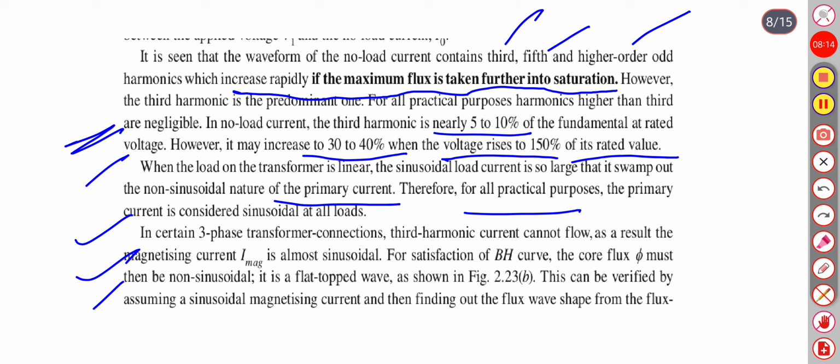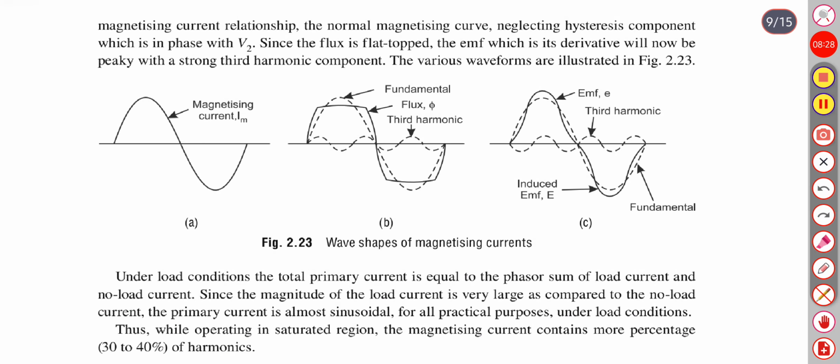It is a flat-topped wave. This can be verified by assuming sinusoidal magnetizing current and then finding out the flux wave shape from the flux magnetizing current relationship, the normal magnetizing curve, neglecting the hysteresis component which is in phase with V1.